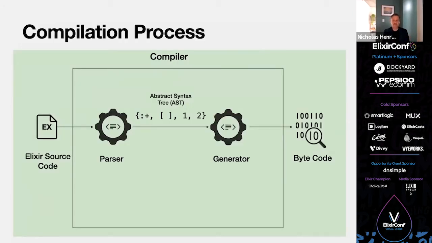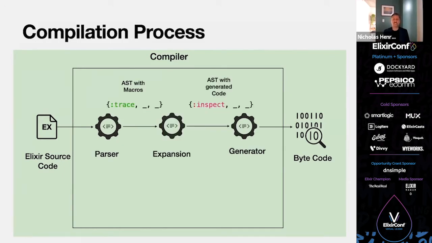So let's come back to the compilation process again. Before, we talked about having this parser that will create this AST structure for us. But it's a little bit more complicated than that, where we have an expansion component to our compilation process. So the initial parser will create an AST, but that will reference the macros.